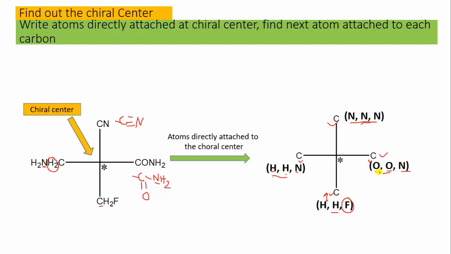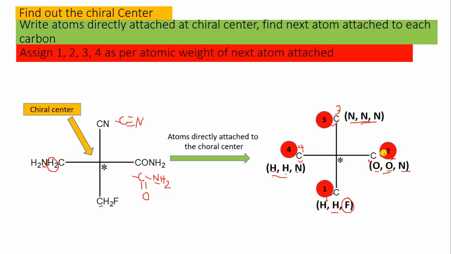Oxygen having the highest priority is second. And here is 3 nitrogen and H, H, and total from these 6, the remaining nitrogen having a higher priority, so it is third and this is fourth, like this: 1, 2, 3 and 4.